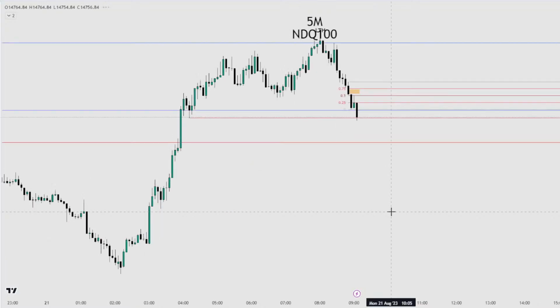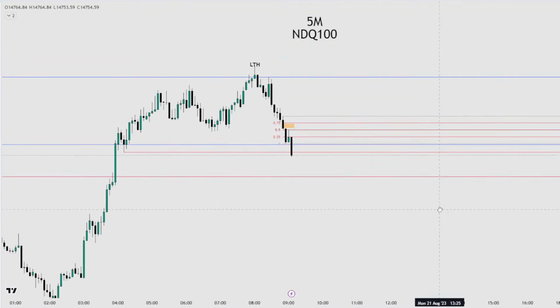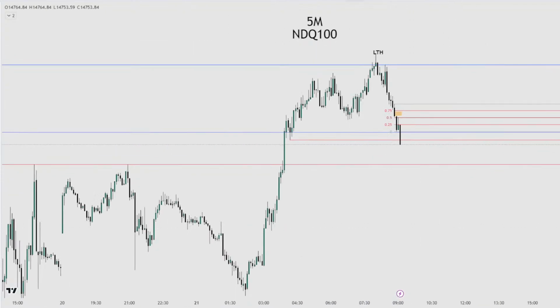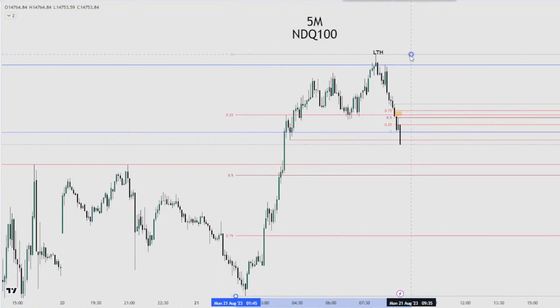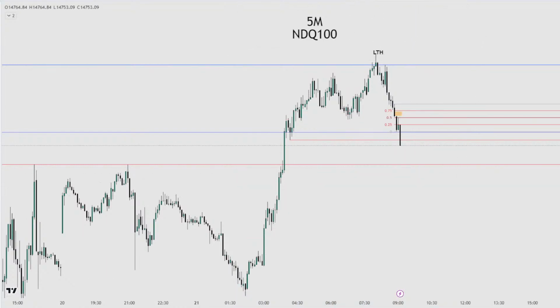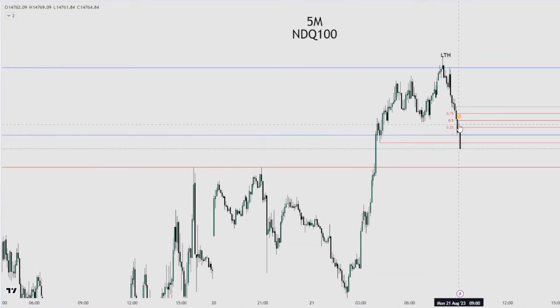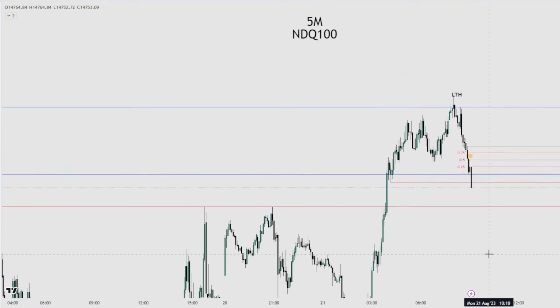Maybe it should be like that because we took the sell side. Now we could be going for this sell side or this inefficiency right here, from this candle's high to this candle's low, this fair value gap. We could be going for this because I believe it's just below the equilibrium. And we took the sell side right now.